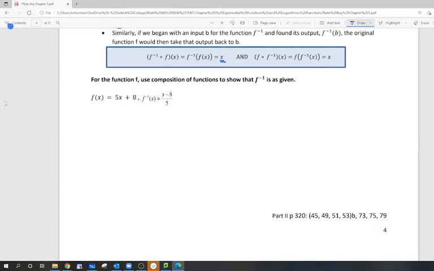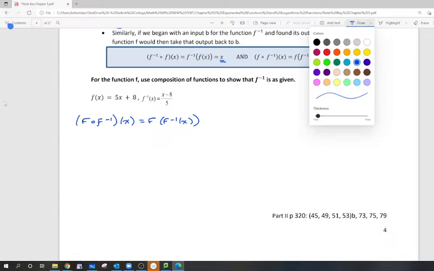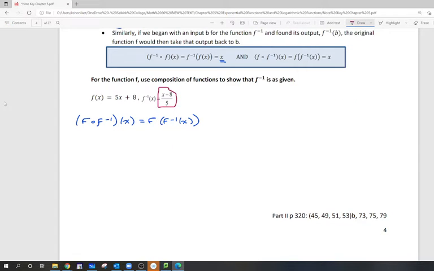So the first thing we're going to do, let's do first off f of inverse f of x. Which means we're going to be taking our inverse equation and plugging it into our original function equation. So what that's going to look like is you're going to take this and plug it in for x in the original equation.